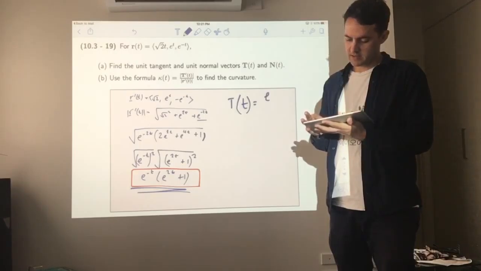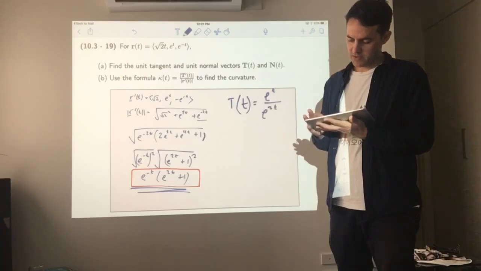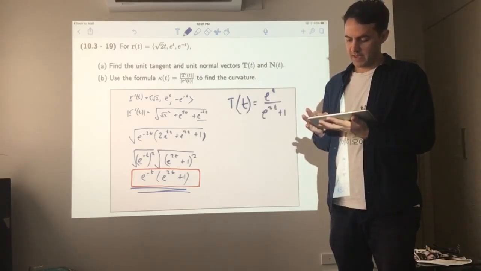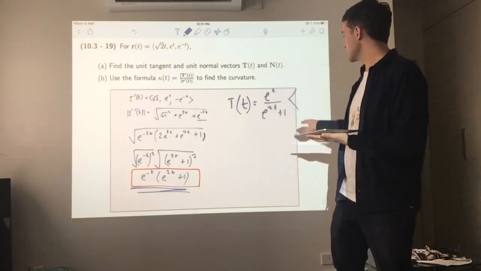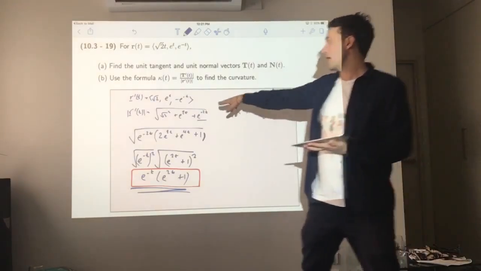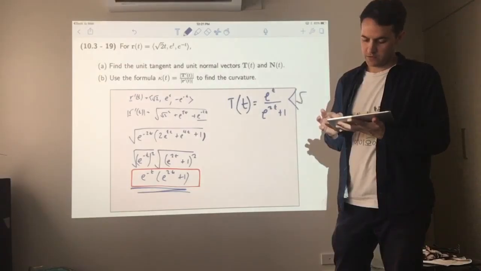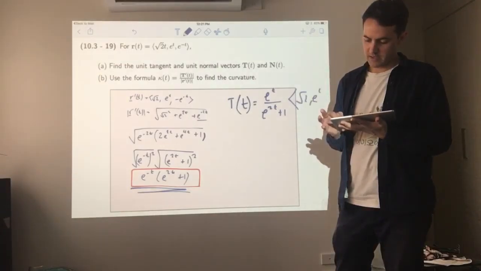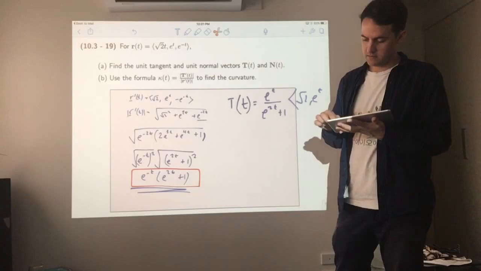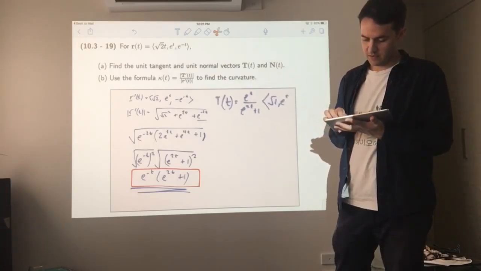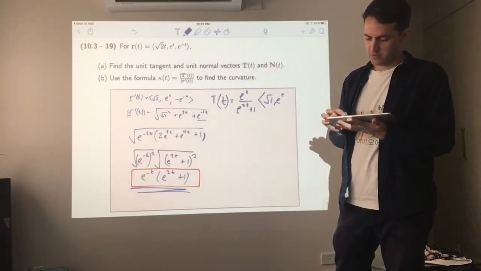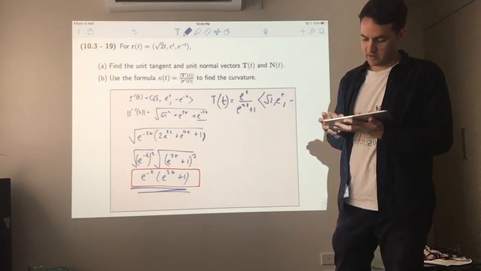So we get e to the t outside of e to the 2t plus 1, and this is going to be a multiplier of our vector here, so just of our root 2 e to the t, negative e to the negative t.